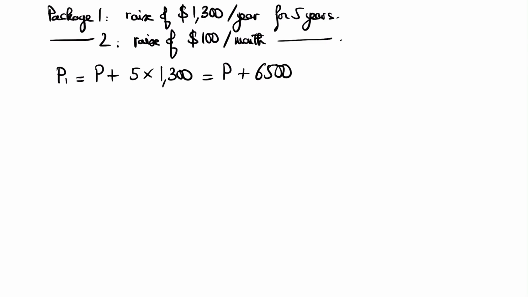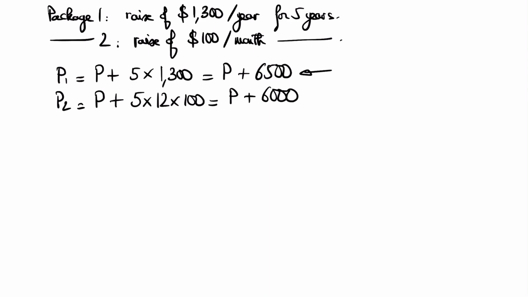Whereas for package 2, you have P plus 5 times 12 times 100, which therefore would be P plus 6,000. So clearly package 1 is the best. Okay, I think we'll stop there.